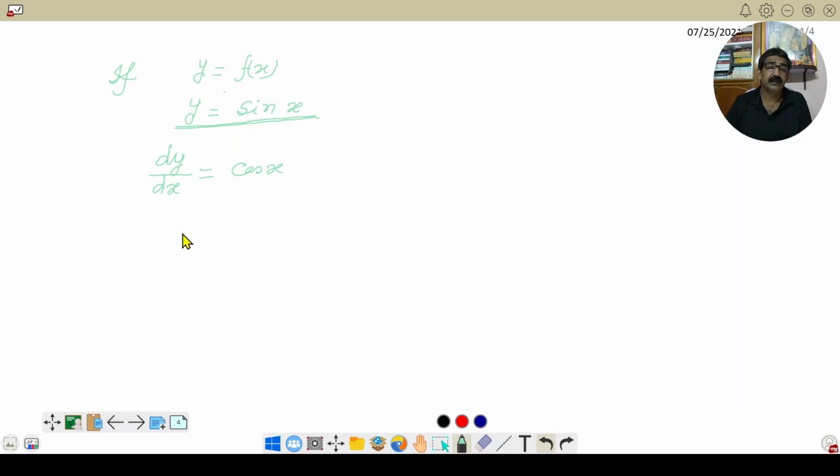You may write it as d of sine x by dx is equal to cos x. This is a trigonometric function. Similarly, d of cos x by dx is equal to minus sine x. You have to memorize this.